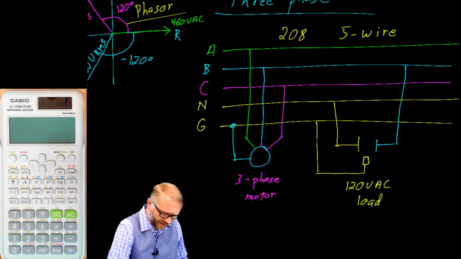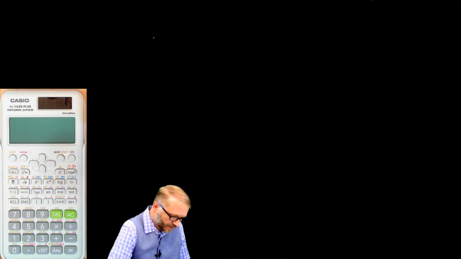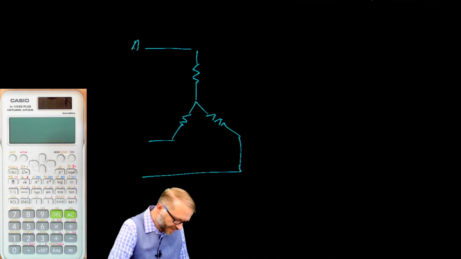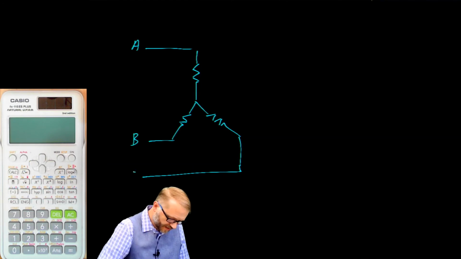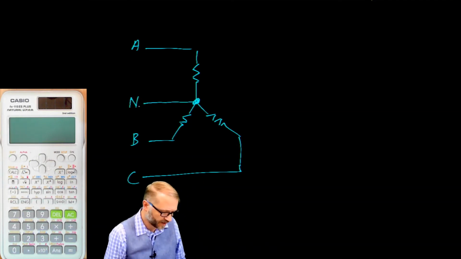At this point, you might be asking, how did you get from 120 to 208? Let me show you. It goes something like this. Let's assume we have 3 resistors connected up like so. Let this be phase A, phase B, phase C, and let this here in the middle be neutral. We'll call that the star.